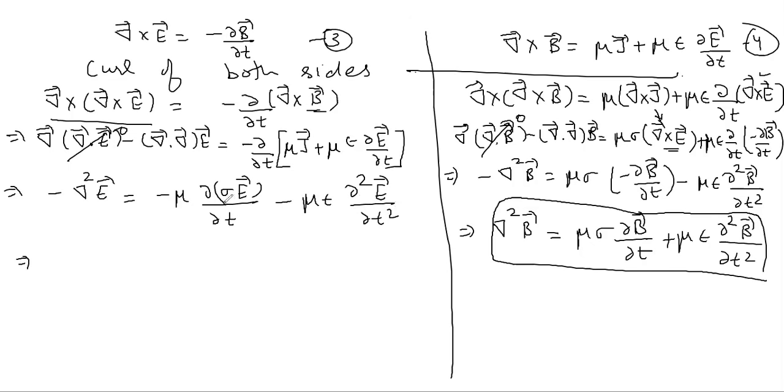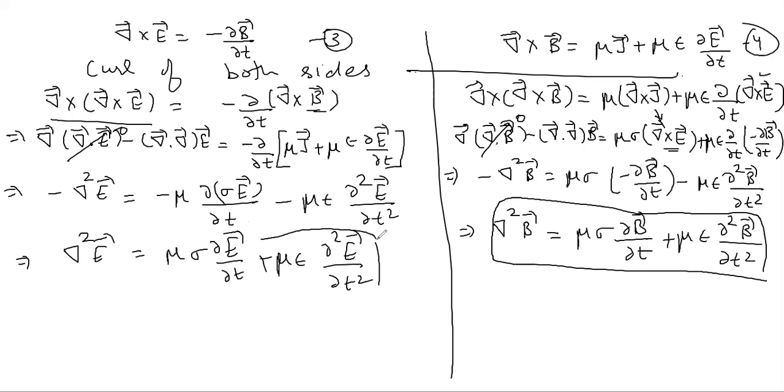Again, minus is there in all three terms. You can write this as del square E is equal to mu sigma curly E by curly T plus mu epsilon curly square E by curly T square.